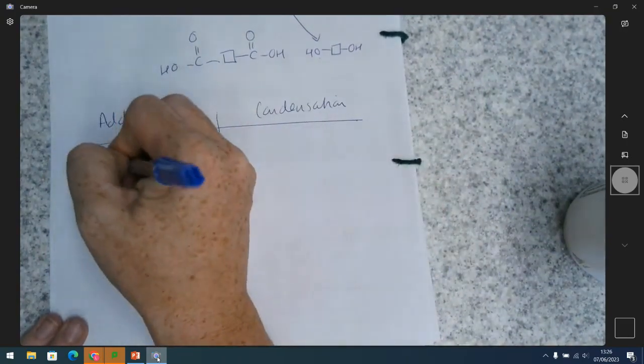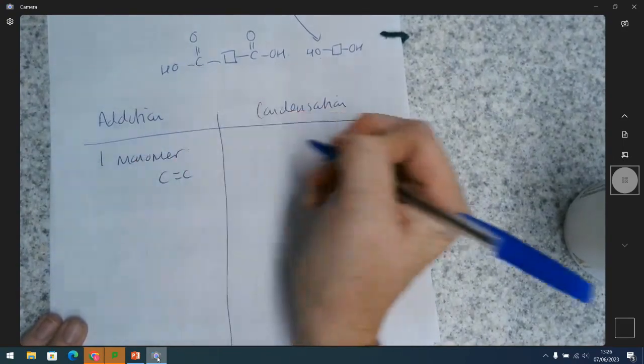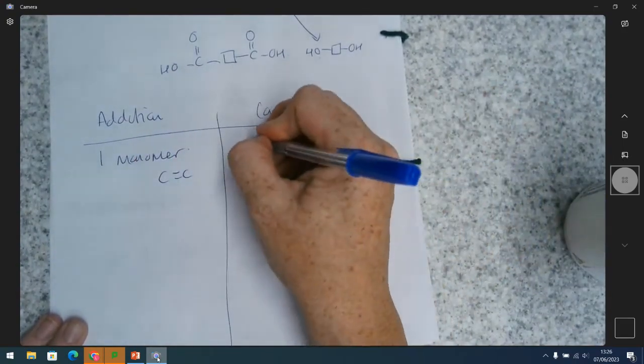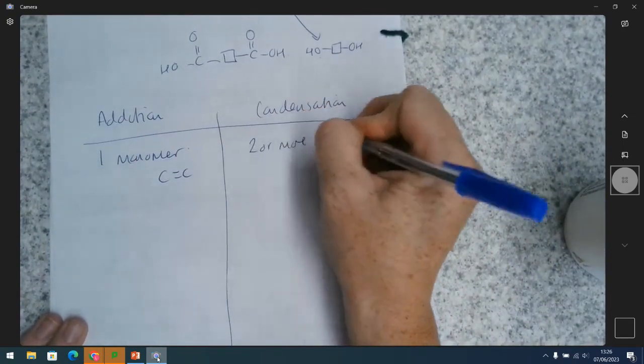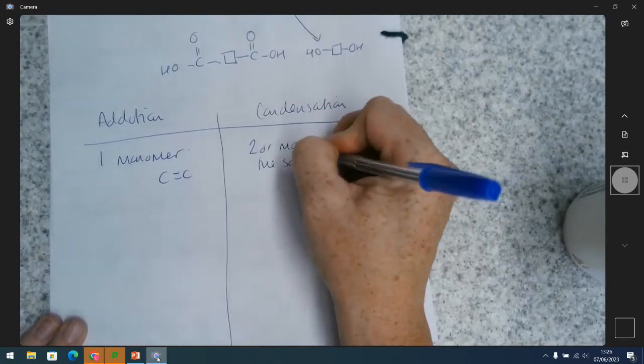So one monomer, usually an alkene, double bond C, can have two or more with the same functional group or different.